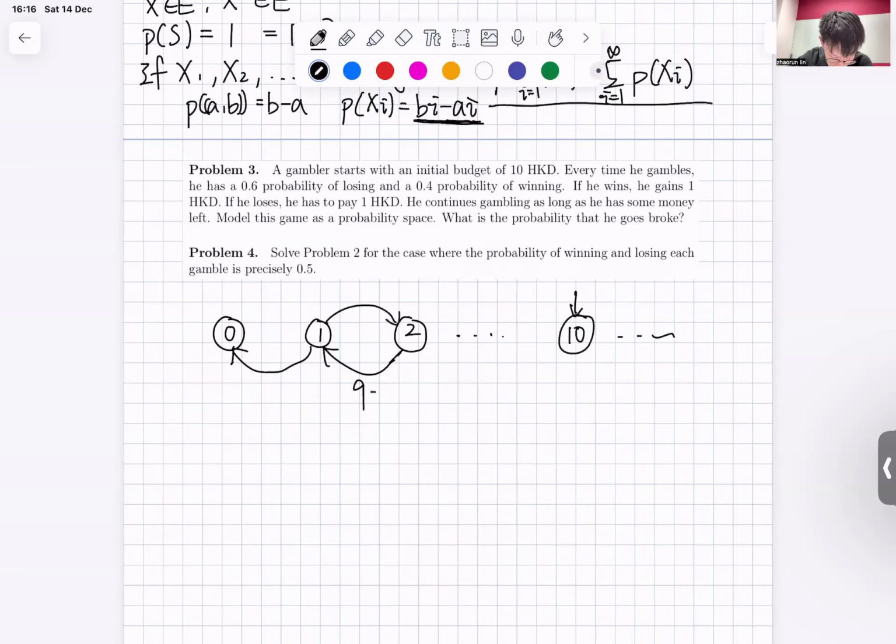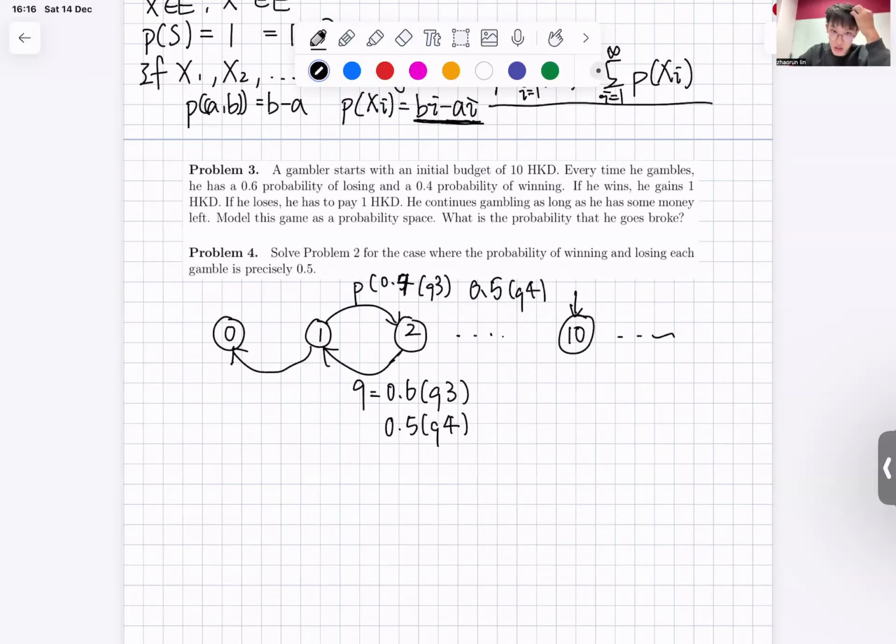So Q is 0.6 in question 3 and 0.5 in question 4. And let P be the probability that the gambler wins $1. This is 0.4 in question 3, and 0.5 in question 4. So the probability of losing is Q and the probability of winning is P.